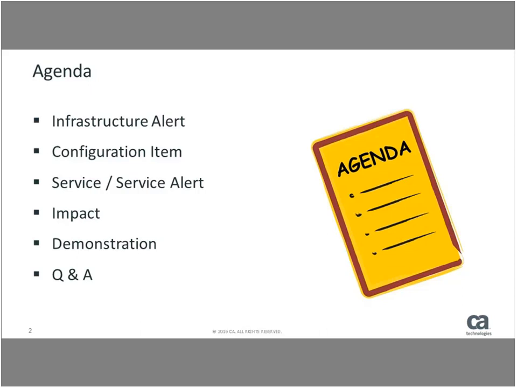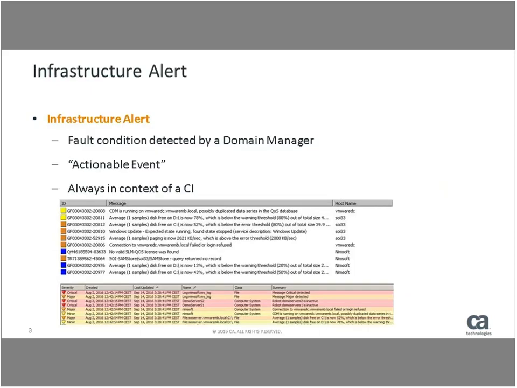Good, so let's start. Most of us are coming from the area of fault management. We are working with alerts, sometimes also called events. I'll explain a little bit in a minute where I see the major difference here. What we talk about in the context of SOI, we call an infrastructure alert.